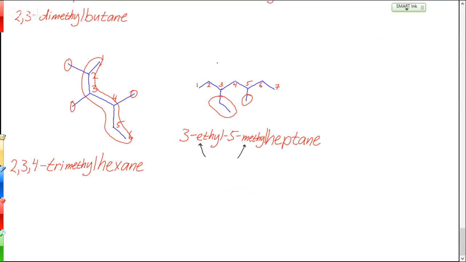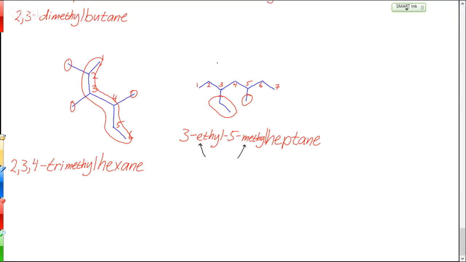So this is a really common thing, is not getting the correct longest chain. It's really easy to want to just go straight across the middle all the time. That's not always going to be the case. So for this one, you can get to 8, but you can actually get to 9 if you go 1, 2, 3, 4, 5, 6, 7, 8, 9.